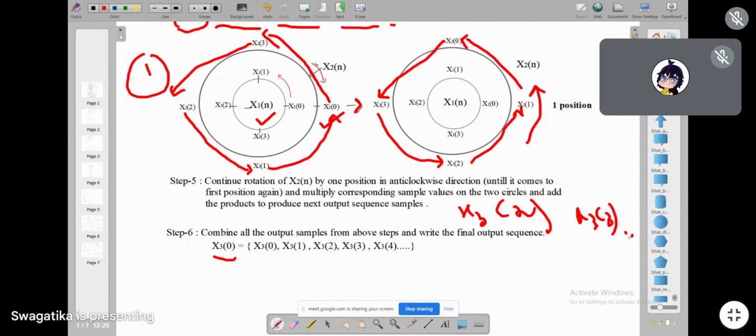Now your final sequence will be x3 of n is equals to x3 0, x3 1, x3 2, 3 and 4, like this. You can combine all the samples you have got in the previous step to find out your final convoluted sequence. Clear? Very easy.